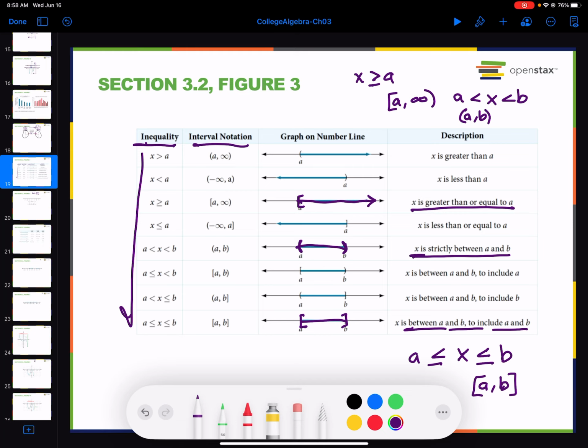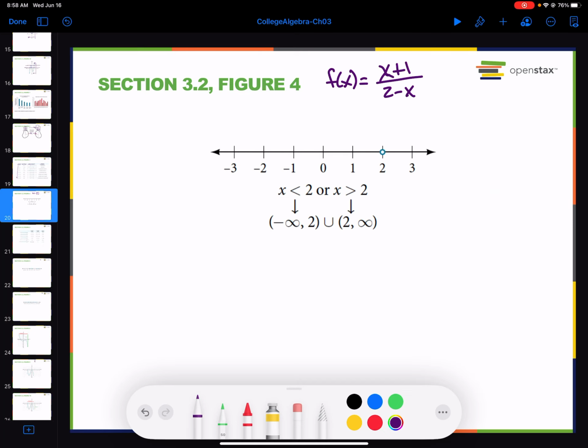So this one is saying that x can be less than 2 or x can be greater than 2. Our function here, if you can see why, we don't want the denominator to equal 0. We don't want this. So that happens when x equals 2, because when we get 2 minus 2 equals 0, we do not want that to happen.